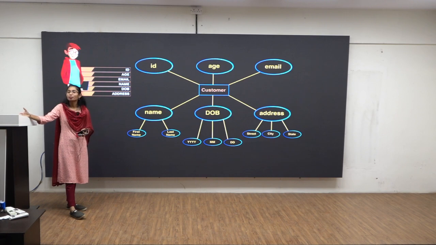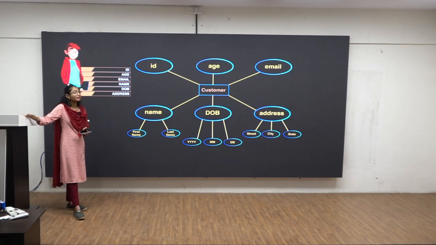Like this you can find multiple attributes for multiple entities, and what you can do is the segregation. You can do the segregation between the simple and the composite attributes. And again, the representations are also very important.